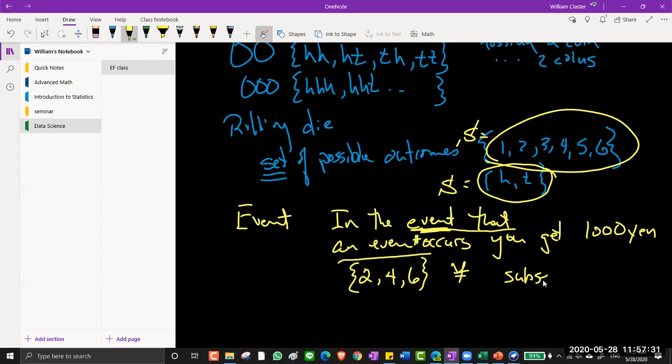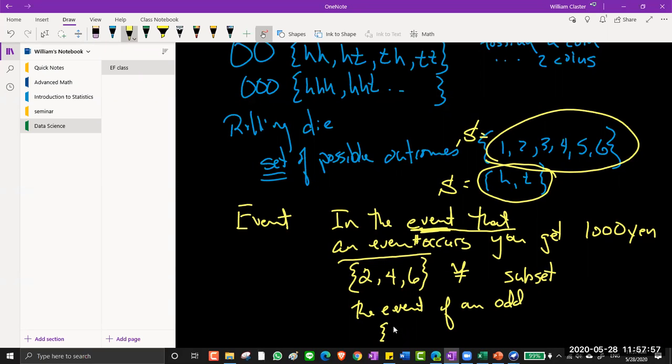So that's again what this, I can't remember his name right now, but maybe it will come to me, what he set up. He said events will be subsets of the sample space. So here's an event, or we could say the event of an odd number. And what event would that be? That should also be a subset.